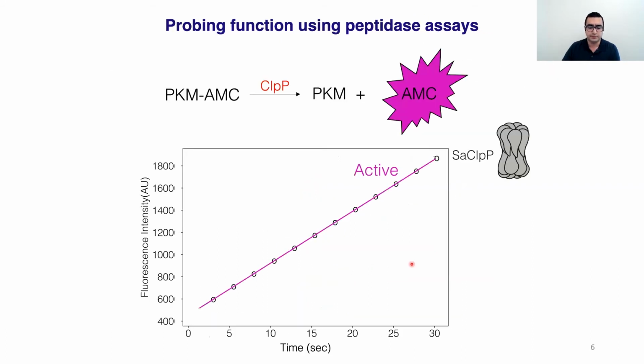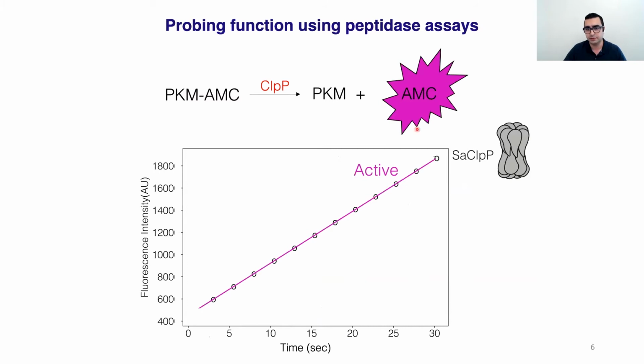Now, let's talk about the function of these two, and this is where this system becomes particularly interesting. We use these peptidase assays to probe for function. So for basically every other ClpP, you can add these tripeptides attached to an AMC group. ClpP comes in, cleaves the bond here.